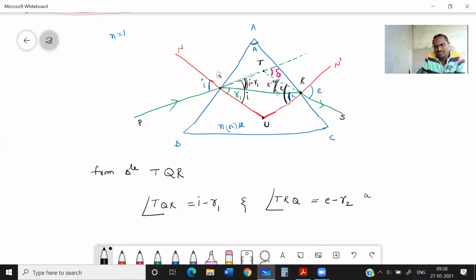These are interior opposite angles, correct?